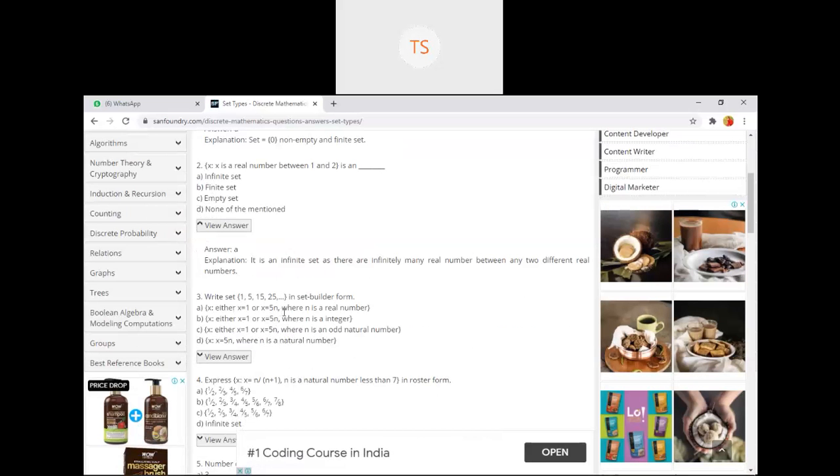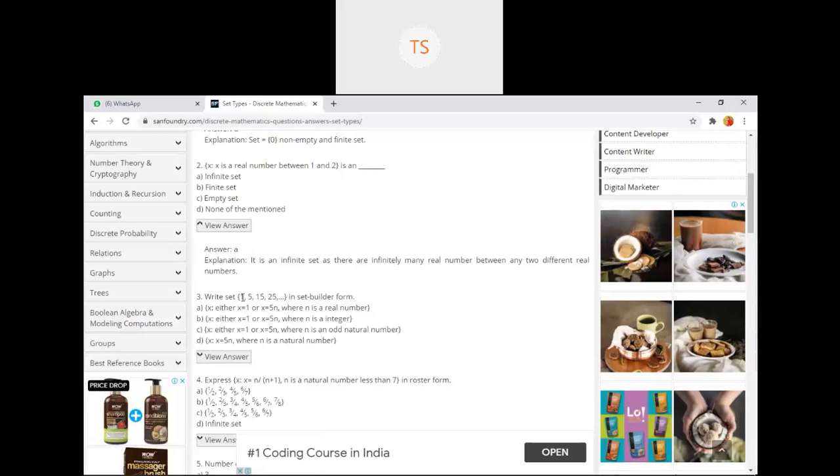So next, write in set builder form. Here the set is given in roster form. Now you have to write this same set in set builder form. In set builder form, we have to write the common property between the elements.